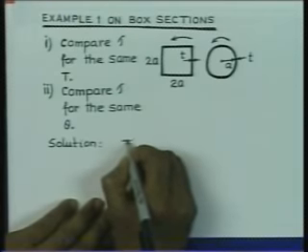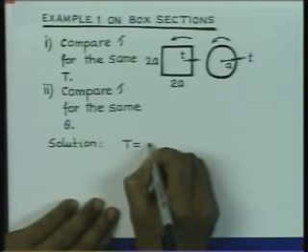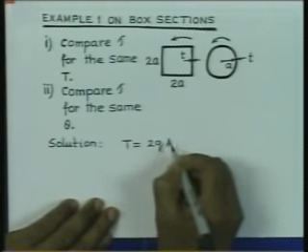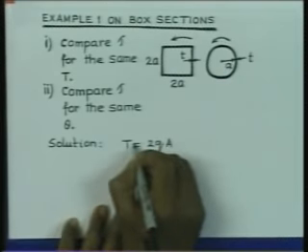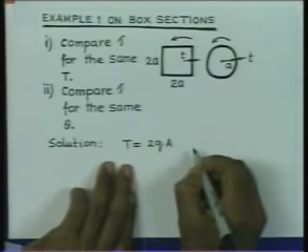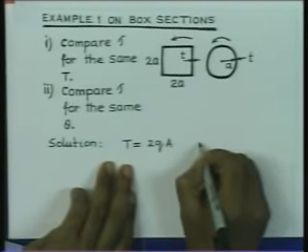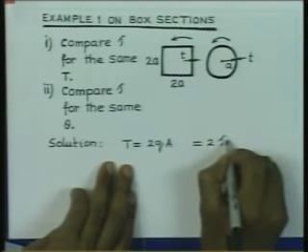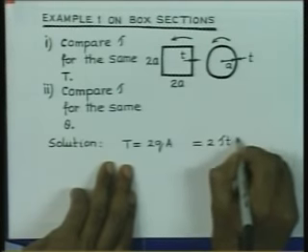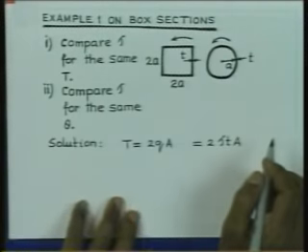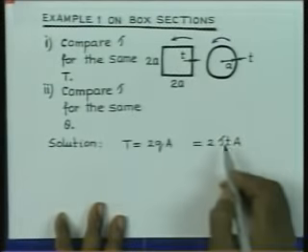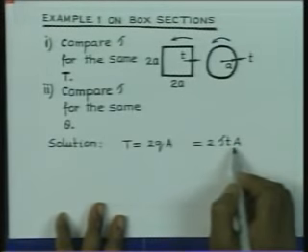We invoke the Bredt-Batho formula. T is equal to twice Q into A, and this is nothing but twice tau into T into A. In the case of thin sections, you can take the cross section area.